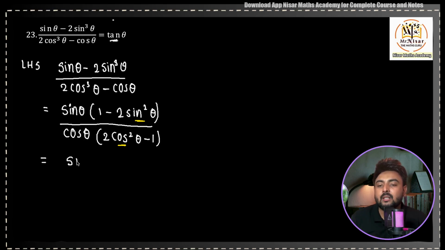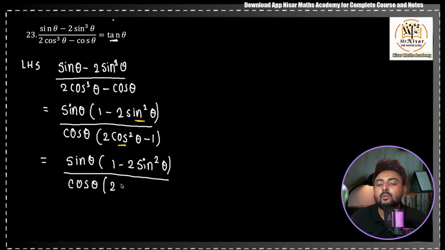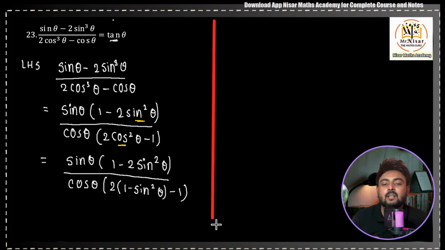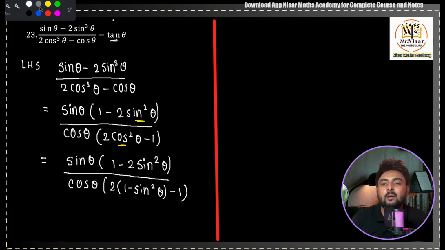I'll write the numerator as it is, sin theta into 1 minus 2 sine square theta. In the denominator I'll have cos theta into 2 into, now this cos square is what, 1 minus sine square theta, minus 1. Okay, so if I solve it, I'll make a line over here. Why am I making this line everywhere?